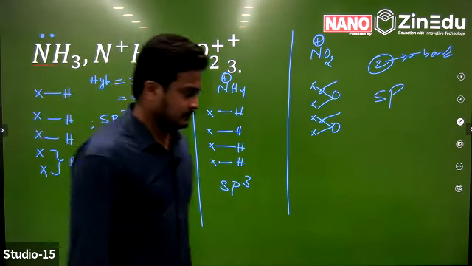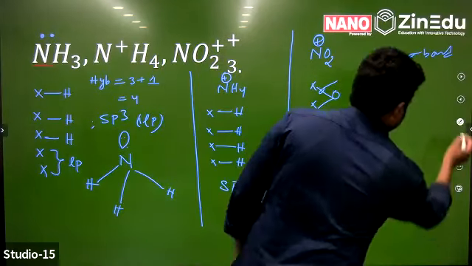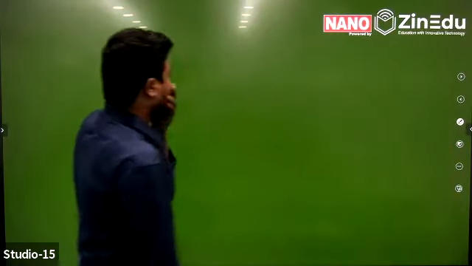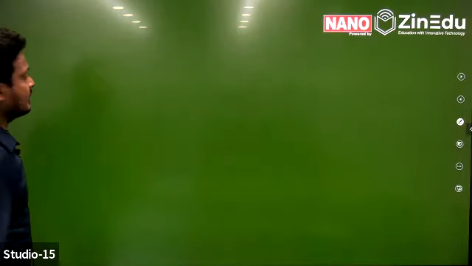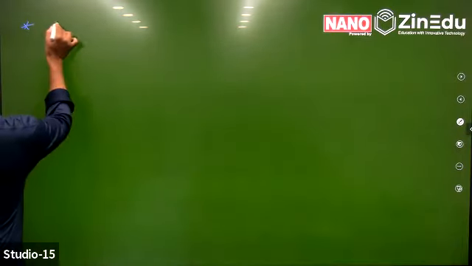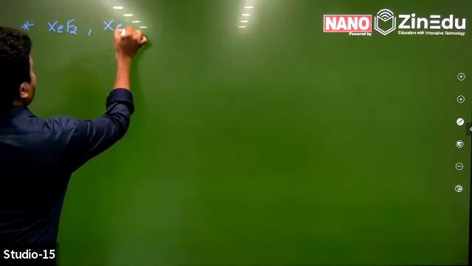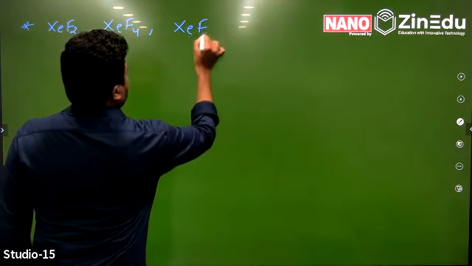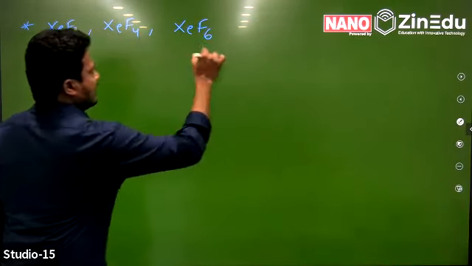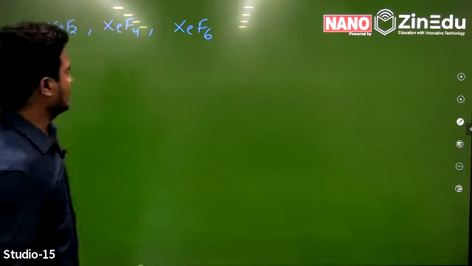What are the xenon compounds? The most important compounds are first XeF2, second XeF4, third XeF6. After completion of these three, we will go through xenon oxyfluorides.